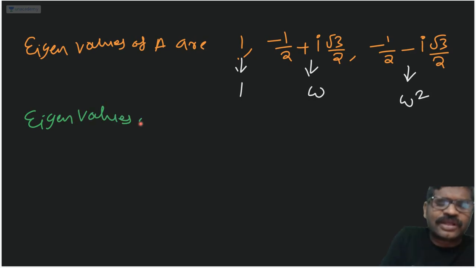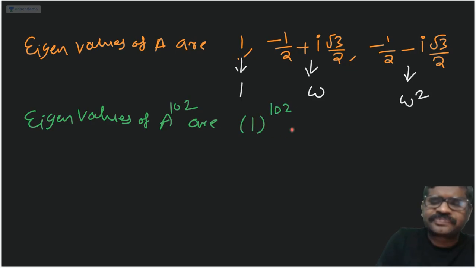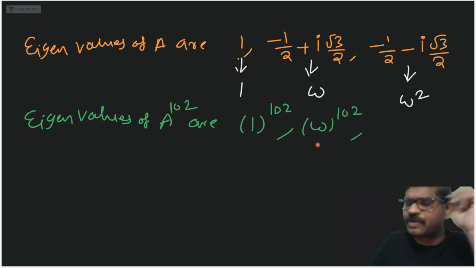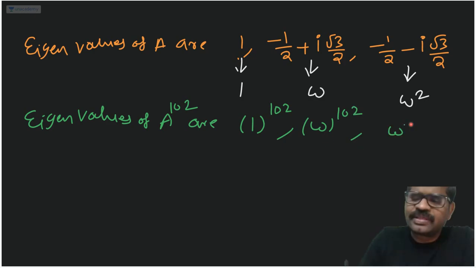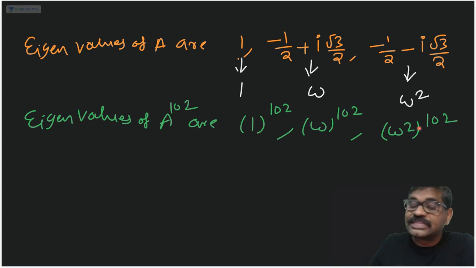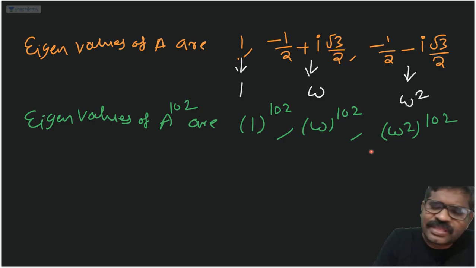Eigenvalues of A power 102 are 1 power 102, omega power 102, omega square whole power 102. This can be written as 1 power 102 is 1.